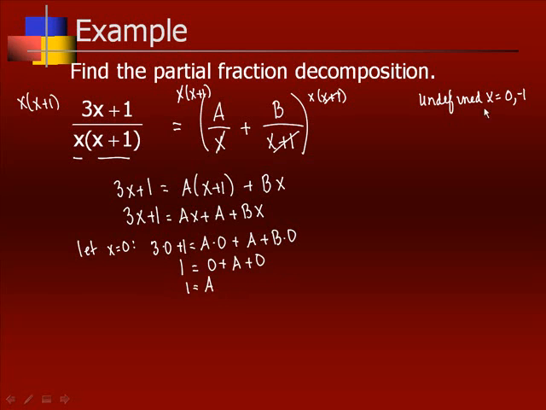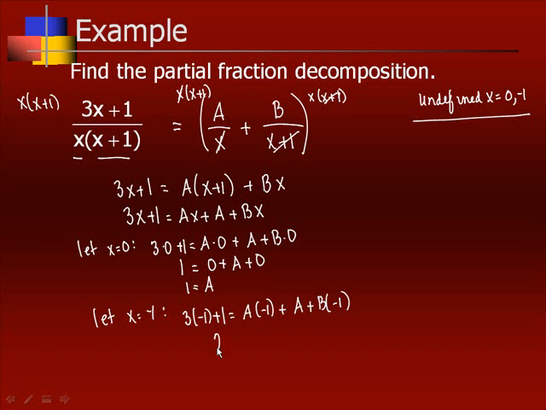Okay, now we're going to pick another value. Let's choose x as -1. So if we pick -1, that gives us 3 times -1 plus 1 equals A times -1 plus A plus B times -1.